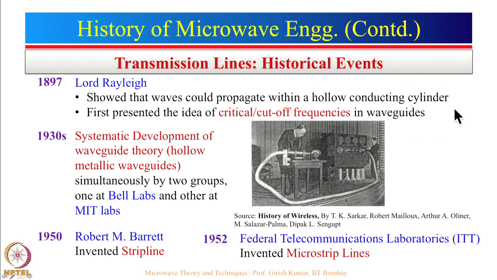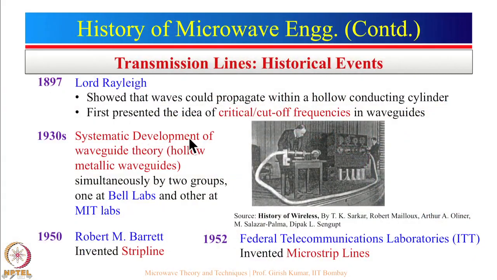It is a hollow conducting cylinder, and he first presented the concept of critical or cutoff frequencies in a waveguide. You might have studied in electromagnetic waves that the cutoff wavelength lambda c is equal to 2a. Later in this course we will briefly discuss that part.